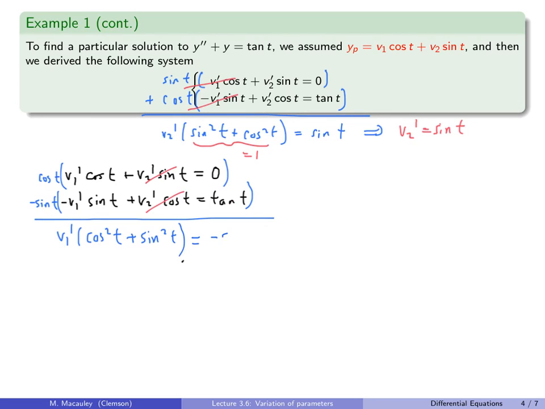That's sine squared of t over cosine of t, with the minus sign. Of course this thing is equal to 1, and we get our second equation: v1 prime equals negative sine squared of t over cosine of t.